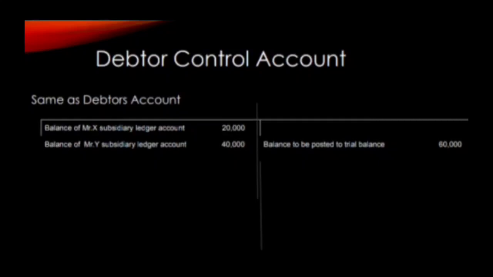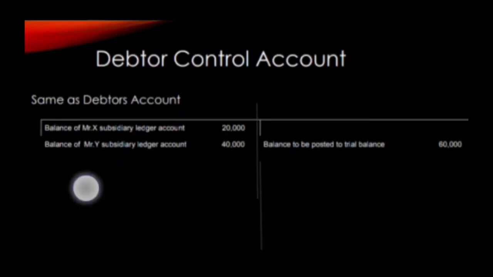Now, the debtors control account. The debtors control account is the same as the debtors account which we prepare in the general ledger. Let us take a look at this. We have a customer named Mr. X. Whatever subsidiary ledger we have made for him, the balance of that subsidiary ledger has been brought forward to the debtors control account.